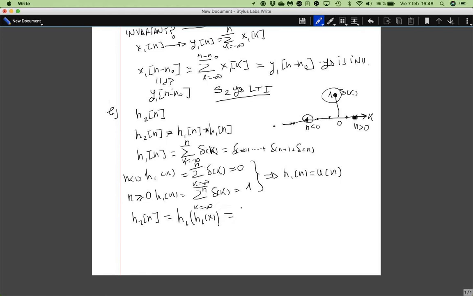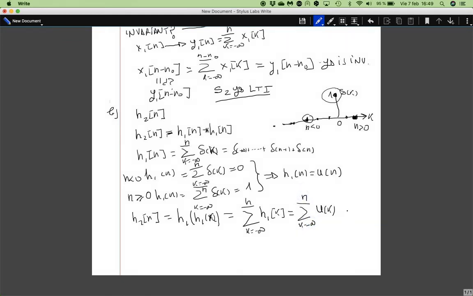So h1 we know is the summatory from k equal to minus infinity to n of whatever is inside, but in this case inside we have h1 of k. Sorry, this is k here, and in this case we know that h1 is u[n], so this will be u[k] summed from k minus infinity to n.